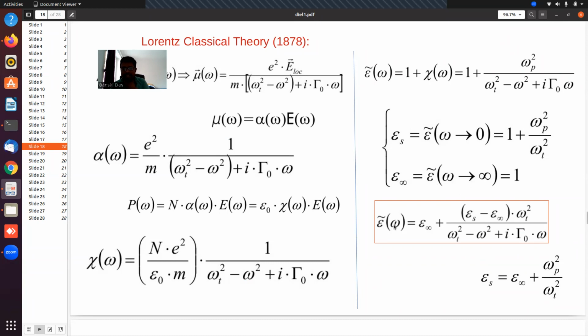So we can write the dielectric permittivity in terms of the infinite limit and the static limit.